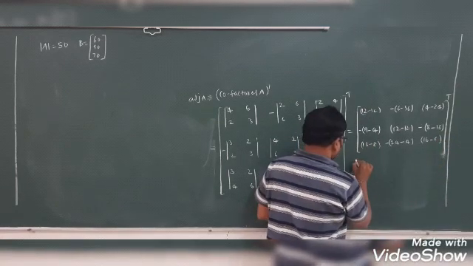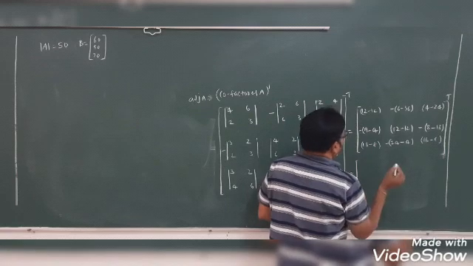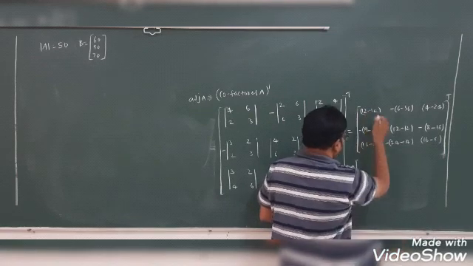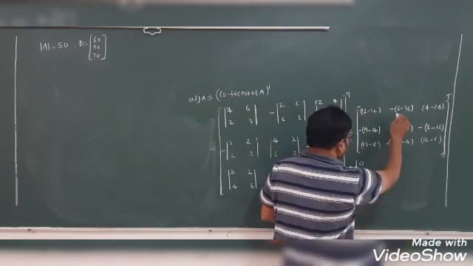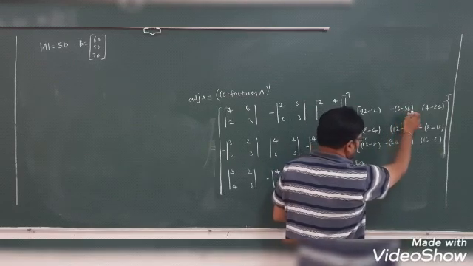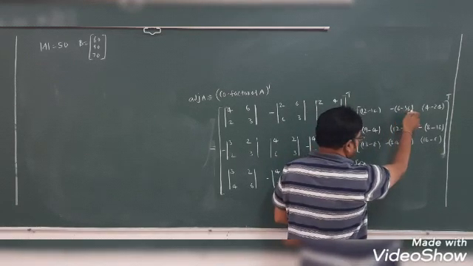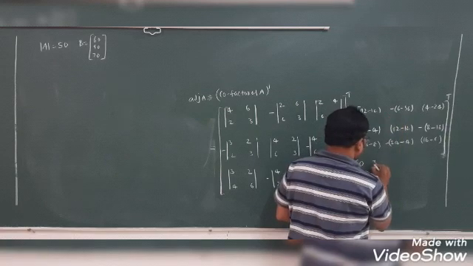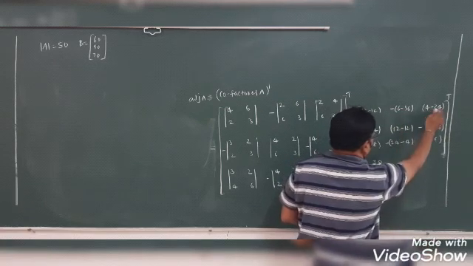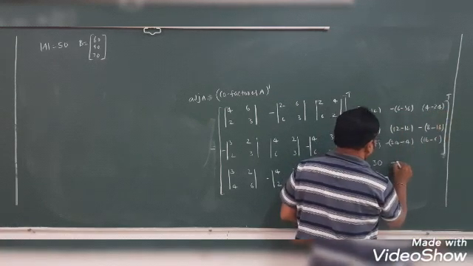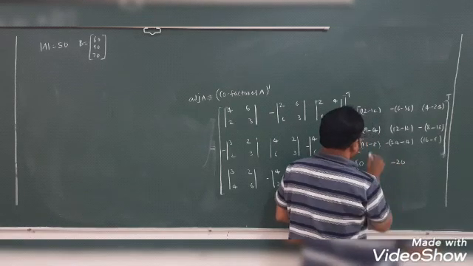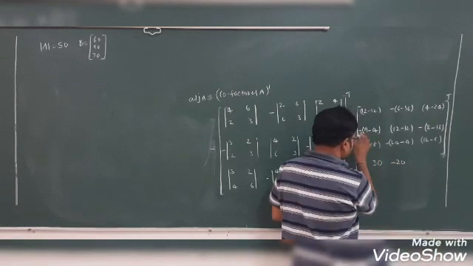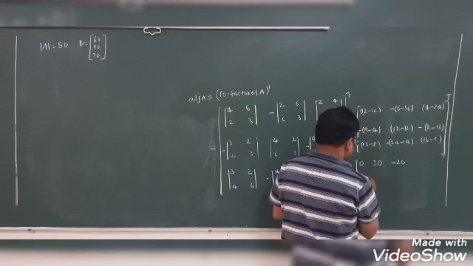Now, 12 minus 12 equals 0. 6 minus 36 is minus 30, minus into minus gives plus 30. And 4 minus 24 is minus 20. And 9 minus 4 is 5, here minus is there, so minus 5.